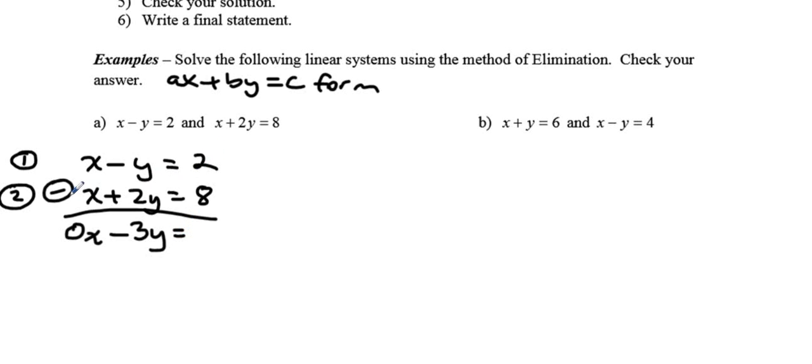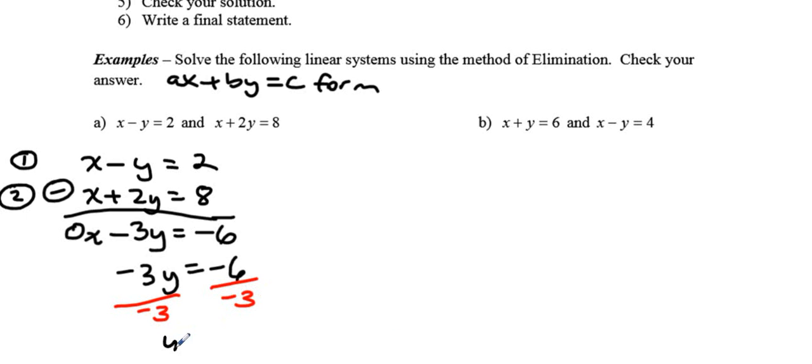And then 2 minus 8 is minus 6. All right, so 0x is just 0, and so I don't even have to write that. So that term gets eliminated, and I'm left with the minus 3y equals minus 6. And look, I've got an answer for y, because we were able to eliminate one of the variables. I'm just going to divide through by that coefficient of negative 3, and I end up with y equals 2.